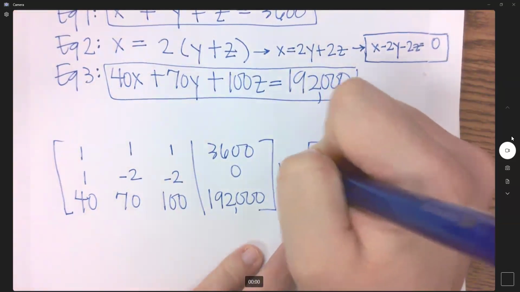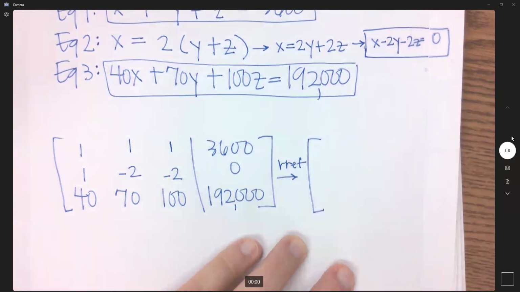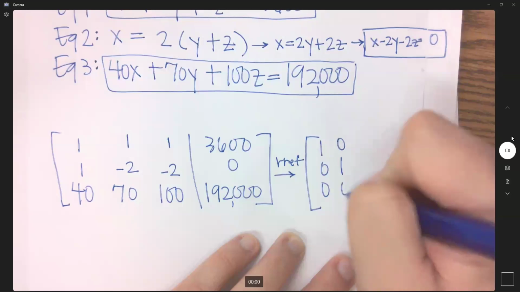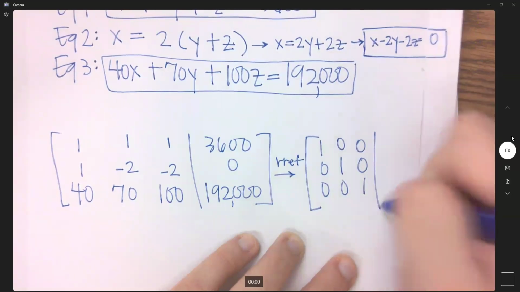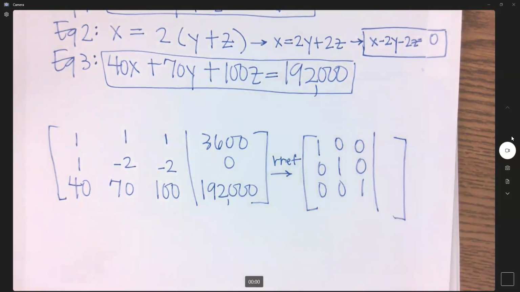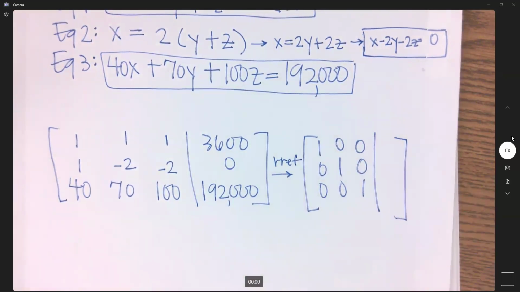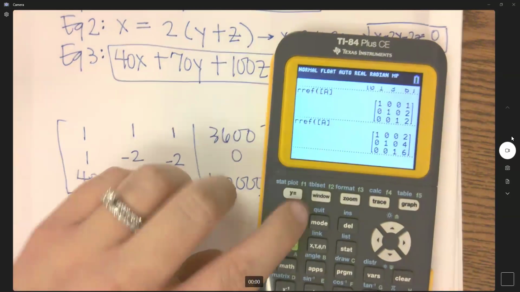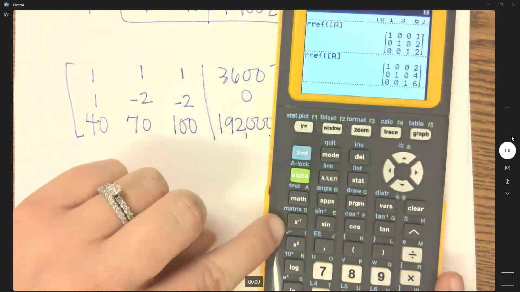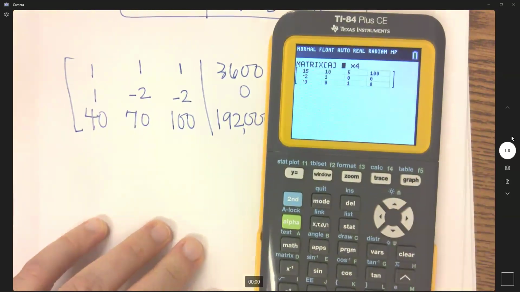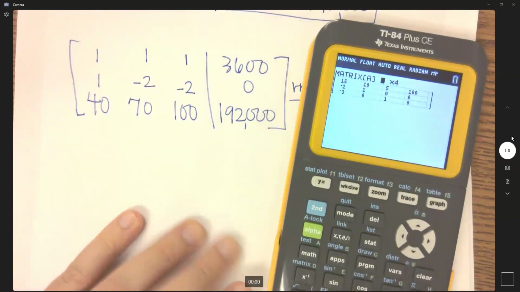So we're going to use our RREF command, and I know I should get my diagonal of ones and zeros everywhere else. Let's put this into our matrix. Second, x to the -1. Come over here to edit. This is a 3x4.